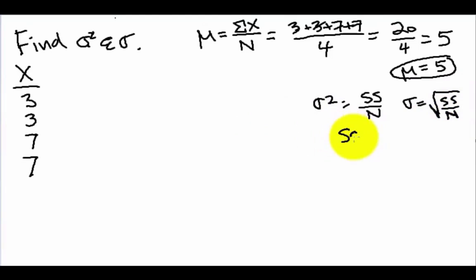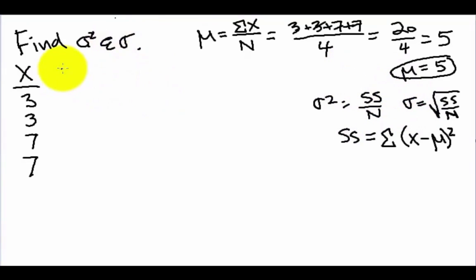SS is the sum of the squares, and that's equal to the sum of x minus mu, squared. We're going to find SS first, and once we have SS, we can plug it into this formula to find the variance, then take the square root of the variance, which gives us the standard deviation. Or alternatively, take the square root of this value, which gives us the standard deviation. But I'll show you that step by step.